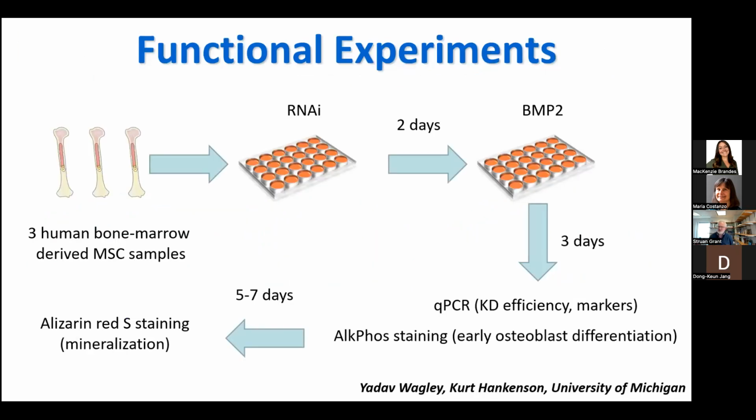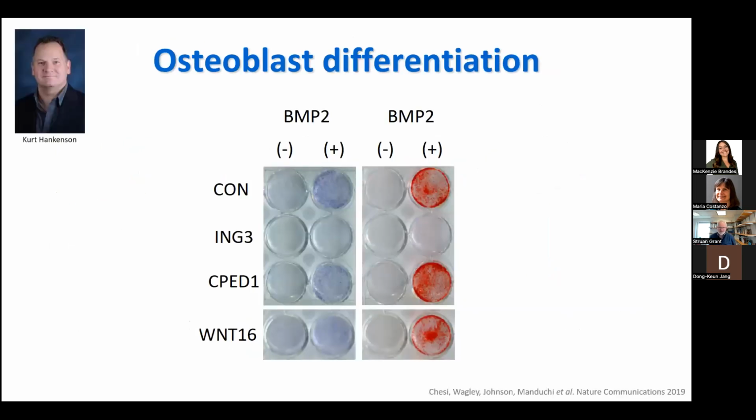By then working with the University of Michigan, again, Kurt Hankinson and his excellent team member, Yadav Wagley, they could derive HMSC derived osteoblasts, knock down the expression of our candidate genes, and then see what the effect was on measures of osteoblast function. This is what the data looked like with Kurt's help.